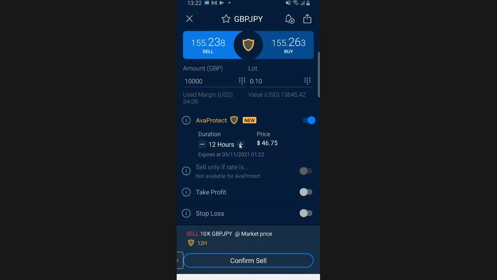If I know there are major announcements today that could really move the pound, and I'm expecting that news to be low interest rates and the pound to weaken, maybe I say, okay, 12 hours protection will get me through the announcements and enough time for it to run. My risk on a 10,000 GBP value position, I only have to pay $46 approximately for that 12 hours of protection.